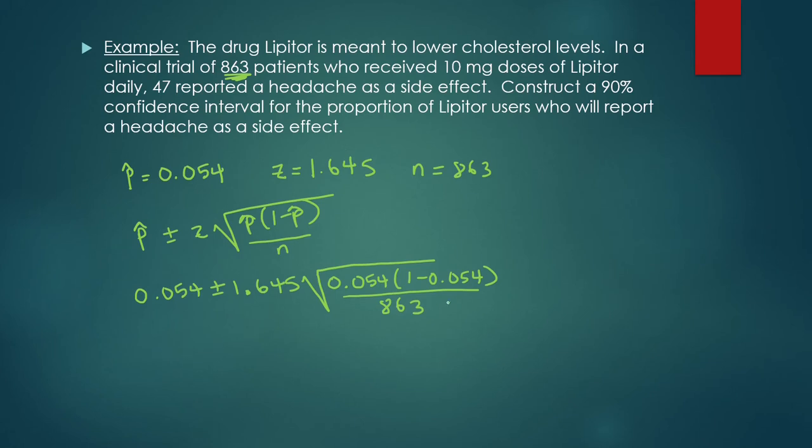Simplify the right side of the equation first. So I have 0.054 plus or minus 0.0127.